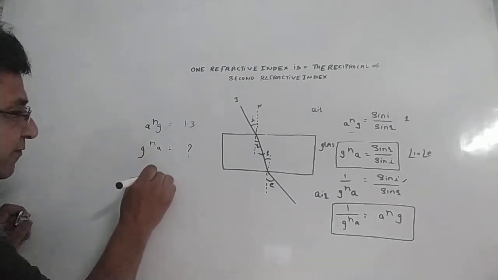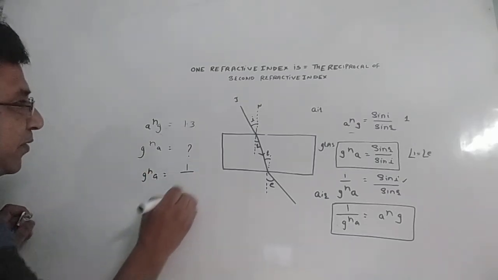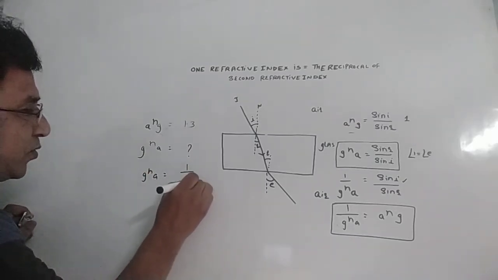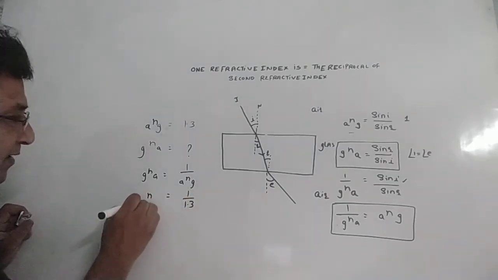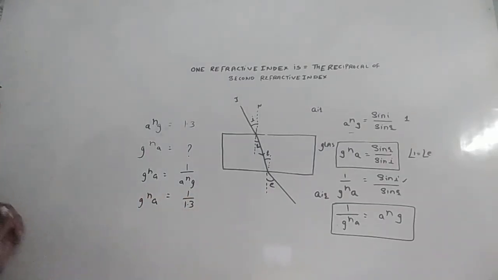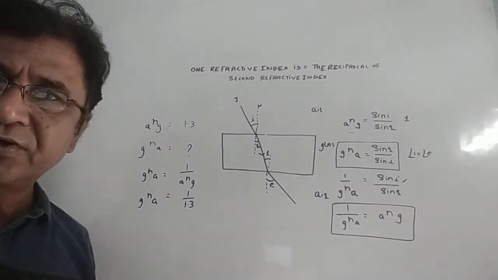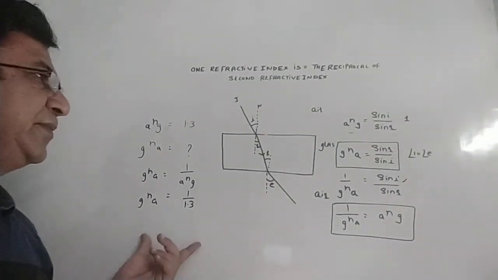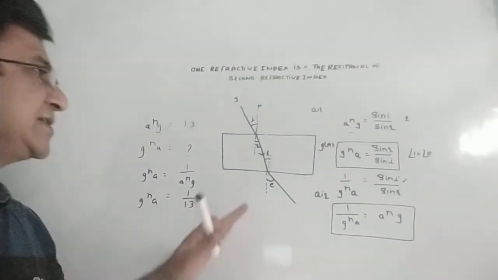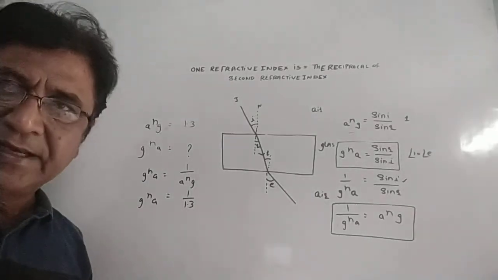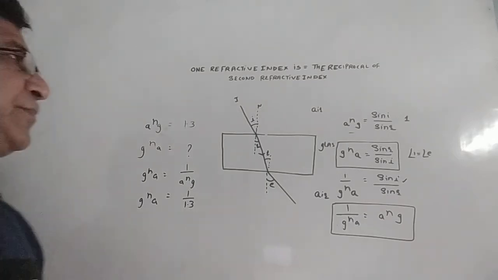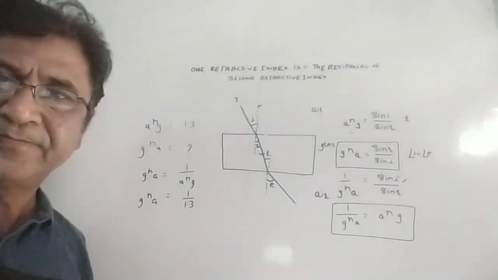Glass to air will be equal to 1 upon air to glass, meaning 1 upon 1.3. That will be glass to air. This kind of 2-mark question or MCQ can come. Remember that, okay? This is a very important concept for MCQs as well as subjective questions. I hope you understood. Take care.